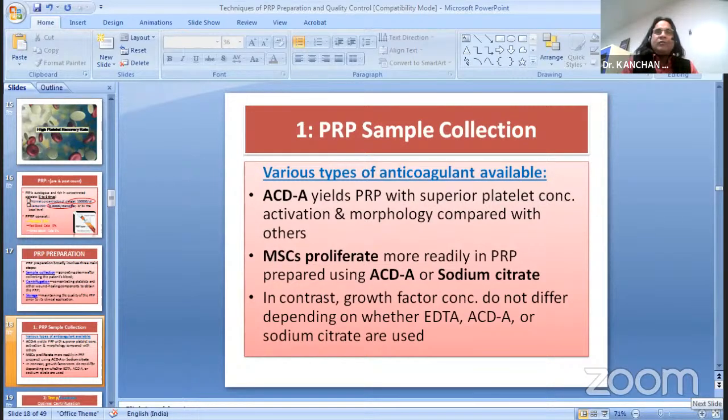But in my laboratory, what I standardized and concluded is that ACDA is good for PRP yield, with superior platelet concentration and activation morphology compared with the others. In contrast, growth factor concentration does not differ depending on whether you collect in EDTA, ACDA or sodium citrate. But it is better to collect blood for PRP in ACDA for superior platelet concentration and activation.